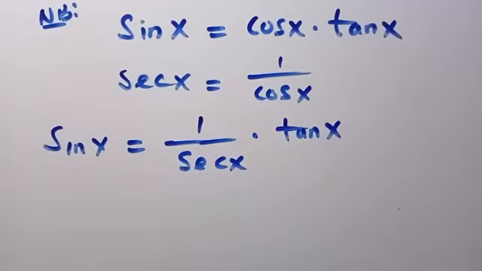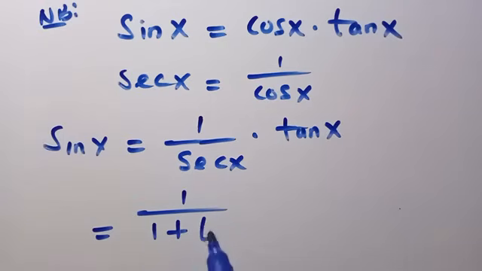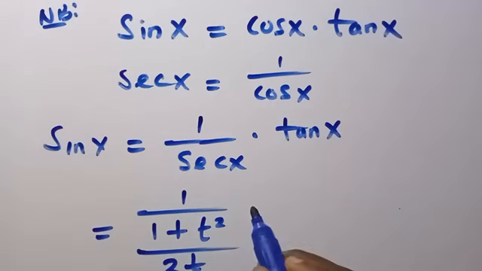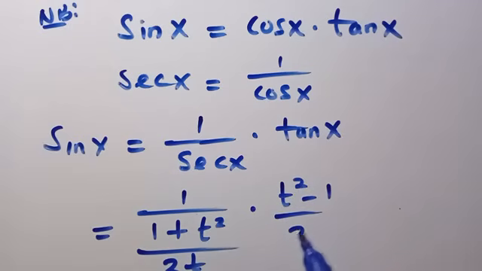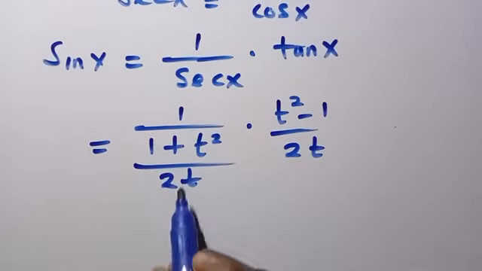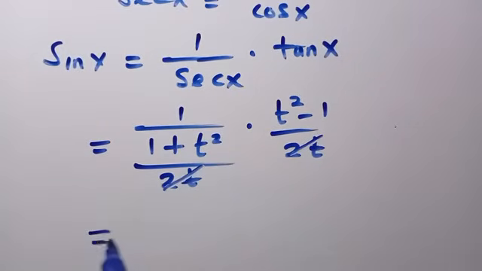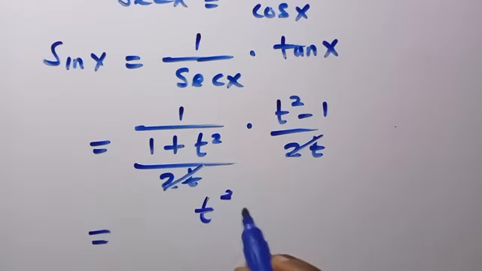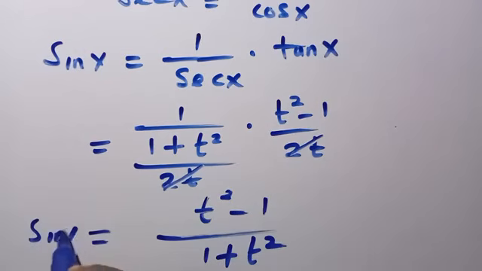By replacing sec x with its value, we have 1 over 1 plus t squared divided by 2t, multiplied by tan x, which is t squared minus 1 divided by 2t. By the law of reciprocal, this 2t comes up and cancels the other one. When it is cancelled, we have t squared minus 1 divided by 1 plus t squared, which is the value of sine x.